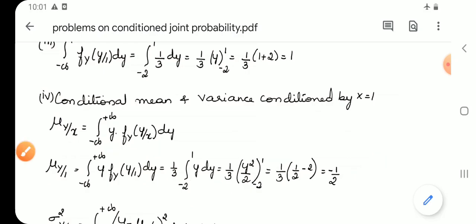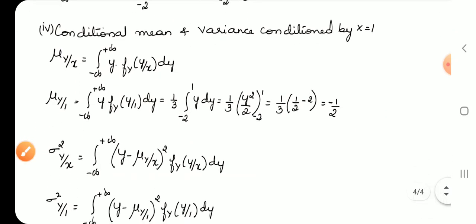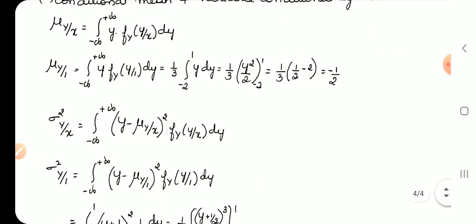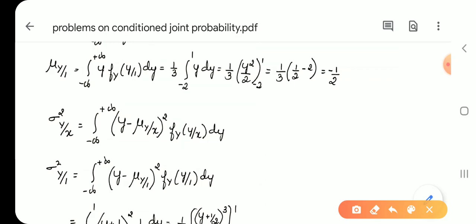Next we have to find the variance. Variance of y conditioned on x equal to 1. So the equation is the integral from minus infinity to plus infinity of (y minus mu y by x) whole square fy of y by x dy.